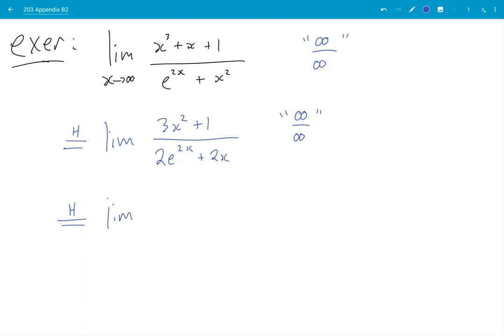So I go and do L'Hopital again. 6x over 4e to the 2x plus 2. Still infinity over infinity. Oh boy.